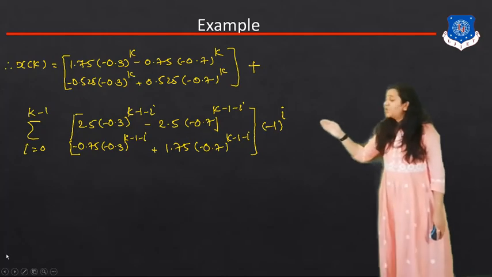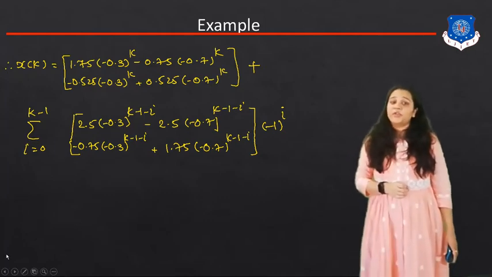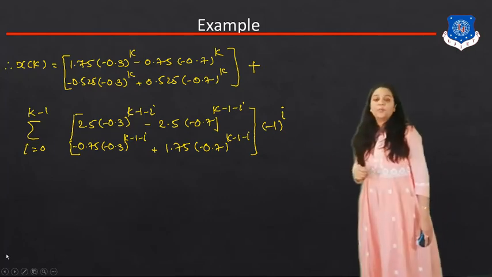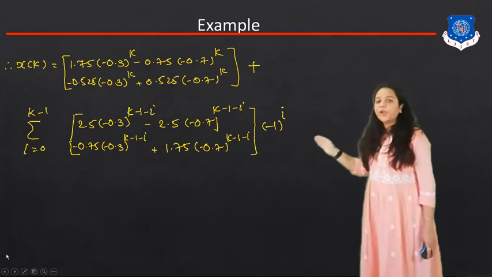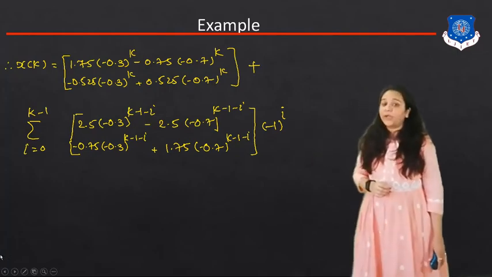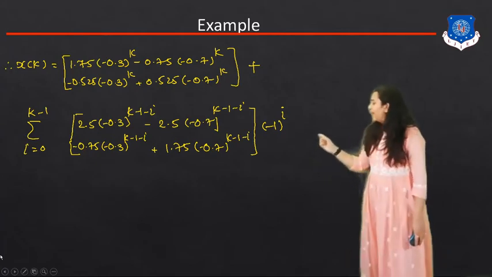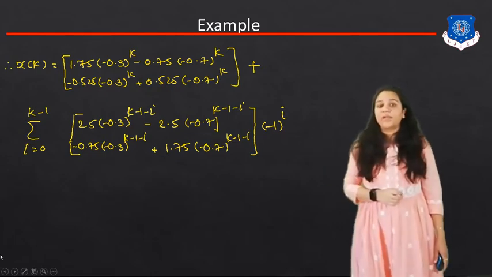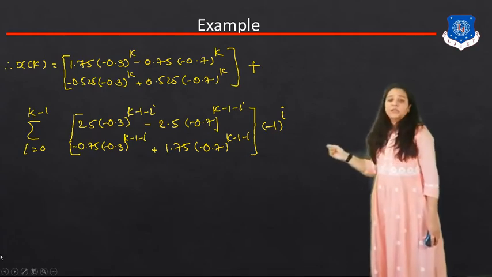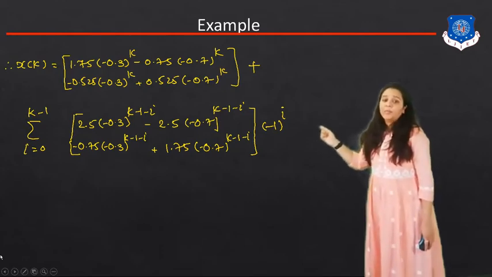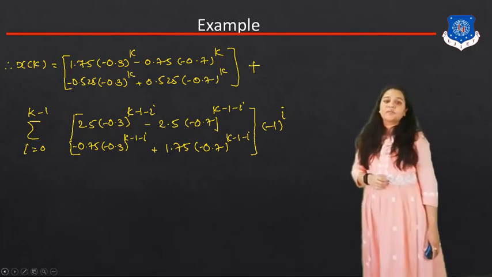The other term is minus 0.525 in this bracket (-0.3)^k plus 0.525 in this bracket (-0.7)^k, plus the summation from i = 0 to k-1 of 2.5 in the bracket (-0.3)^(k-1-i) minus 2.5 in the bracket (-0.7)^(k-1-i), and the other term is minus 0.75 in this bracket (-0.3)^(k-1-i) plus 1.75 in the bracket (-0.7)^(k-1-i).